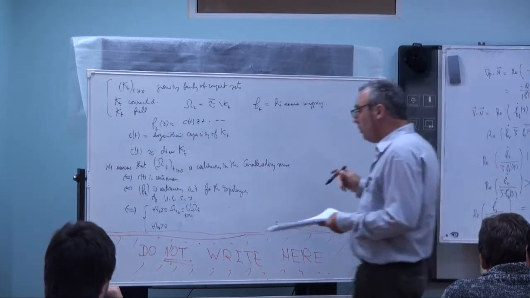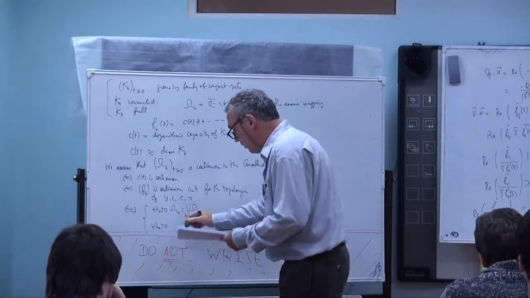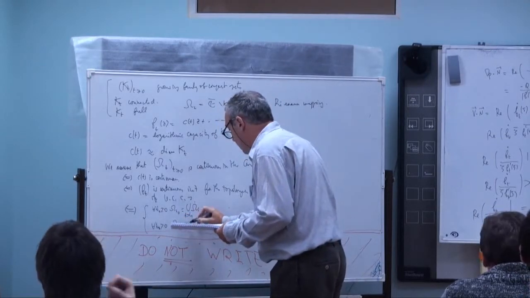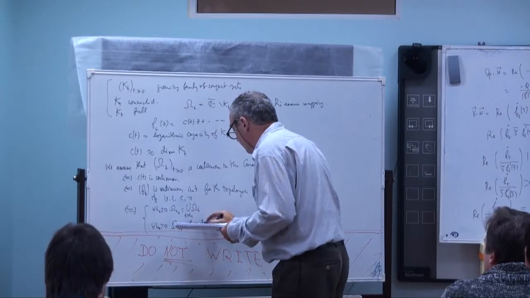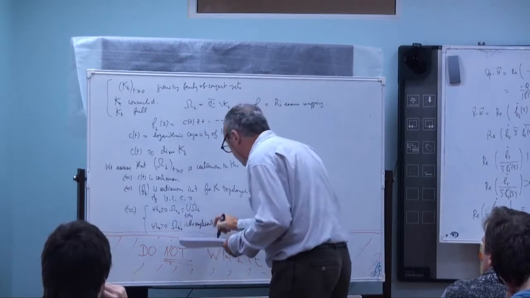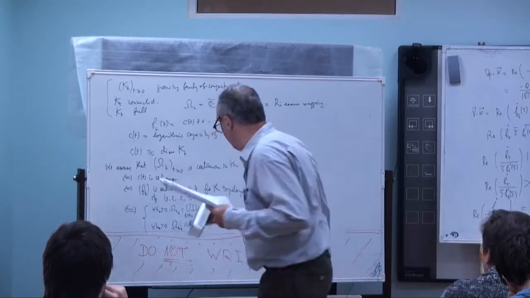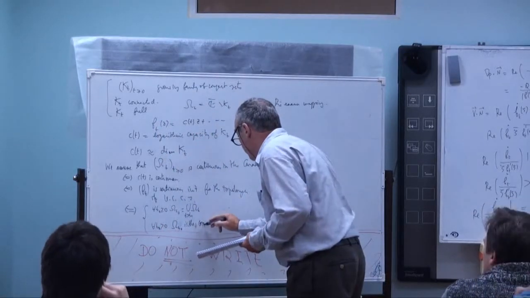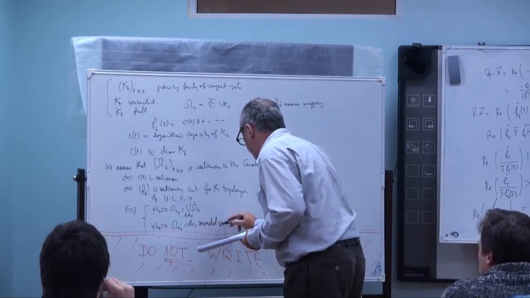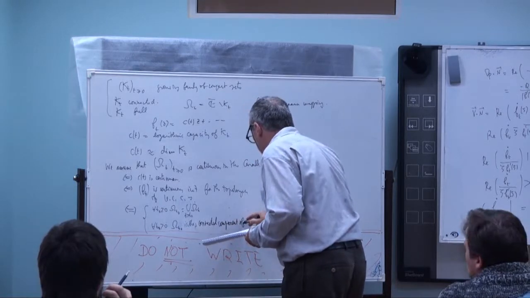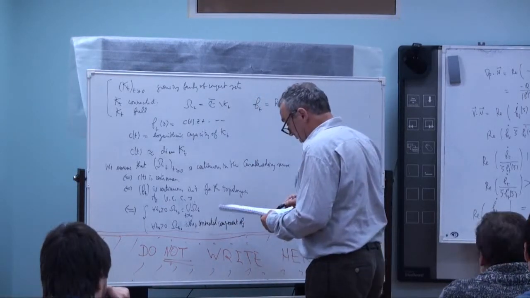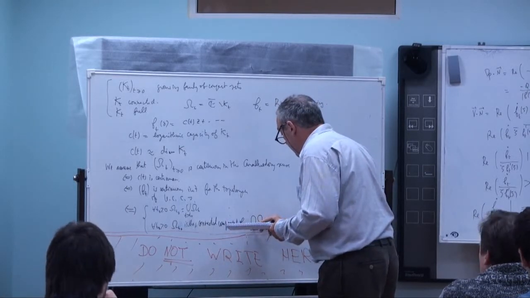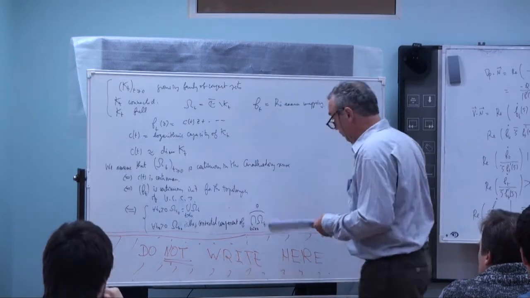And for any t0 positive, Omega_t0 is the connected component containing infinity of the interior of the intersection of Omega_t for t less than t0.